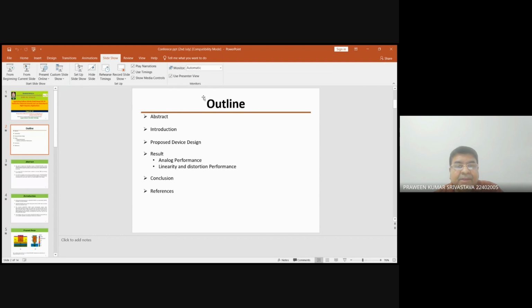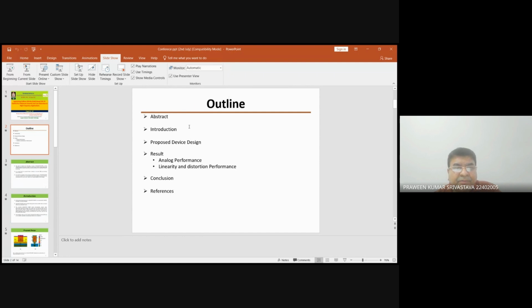Again there was some problem in the SOI FinFET. Then we have to move toward the gallium nitride FinFET, because the gallium nitride SOI type FinFET is better because of the wide band energy gap, so it can sustain high temperature and high power can be handled. Even because of the high mobility of gallium nitride and better control of the gate, it is a better device as compared to the other devices.